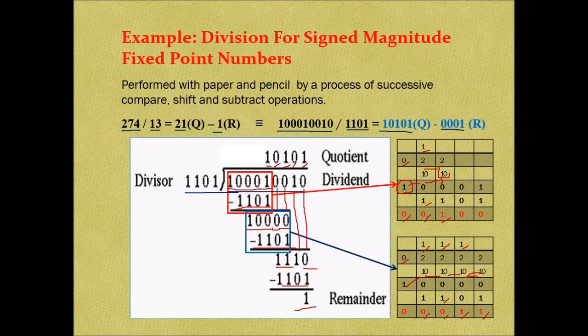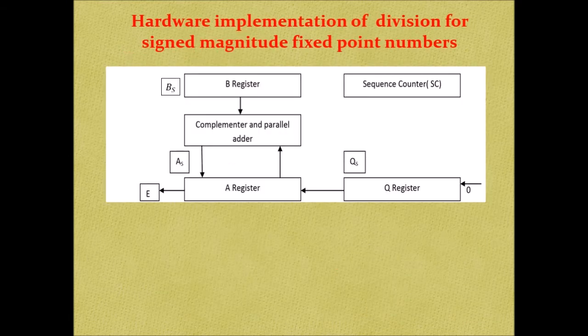Now, if we want to perform the division with the help of computer hardware, this is the hardware implementation or hardware requirement for the division. First of all we require some registers. We have given here the diagram of the hardware implementation and named each and every register.